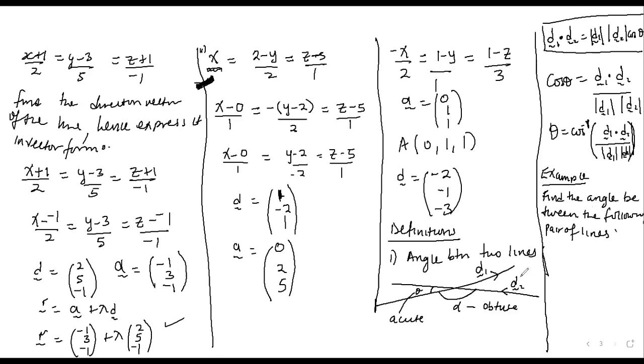Find the angle between the following pair of lines: x minus 2 over negative 4 is equal to y minus 3 over 3 is equal to z plus 1 over negative 1. And the second line is x minus 3 over 2 is equal to y minus 1 over 6 is equal to z plus 1 over negative 5.